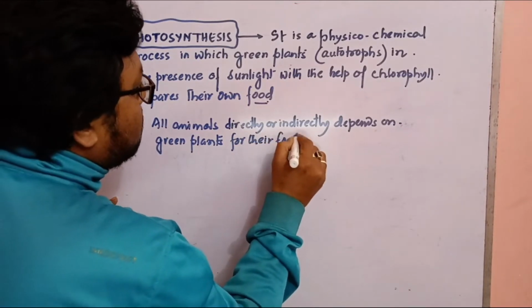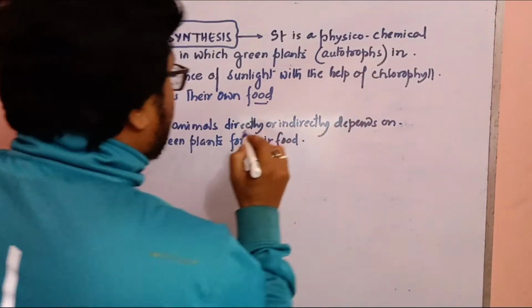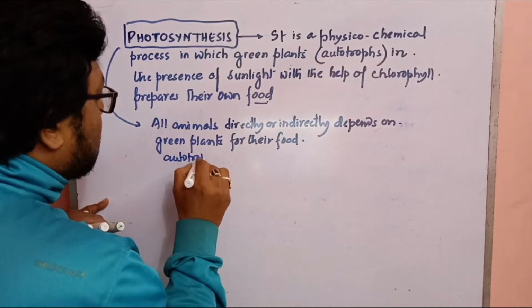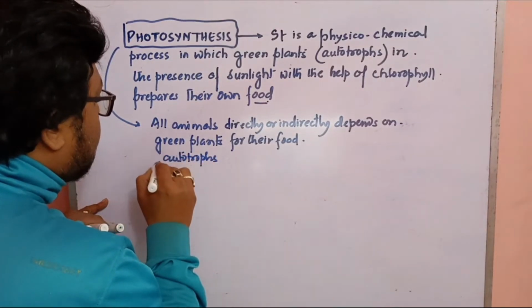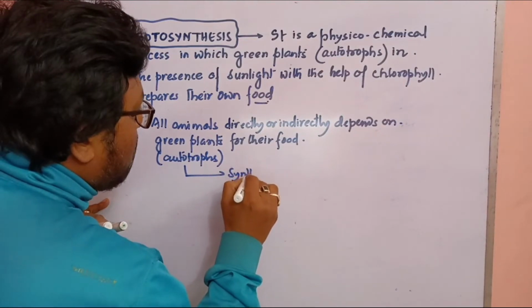We know that. And these autotrophs, or green plants, can synthesize their own food.